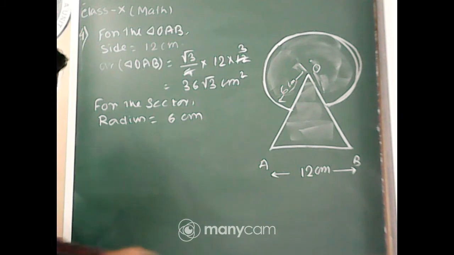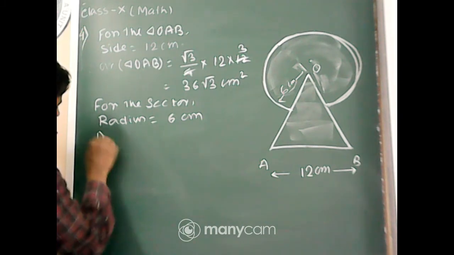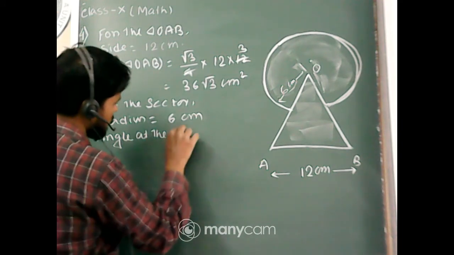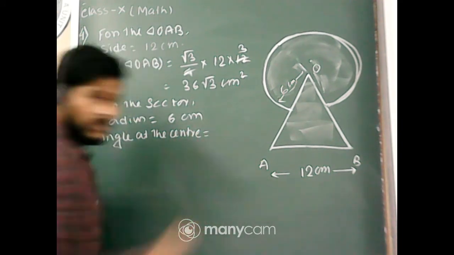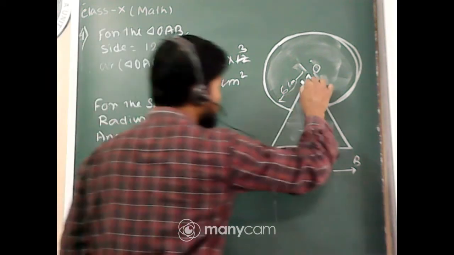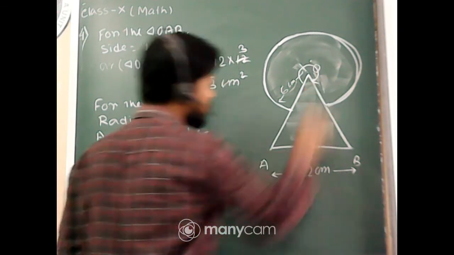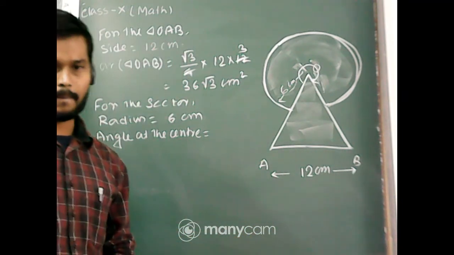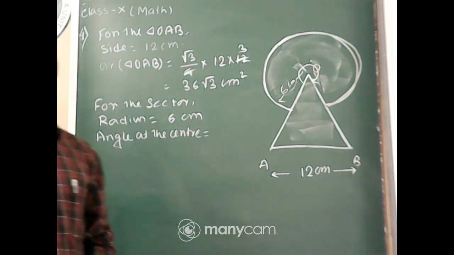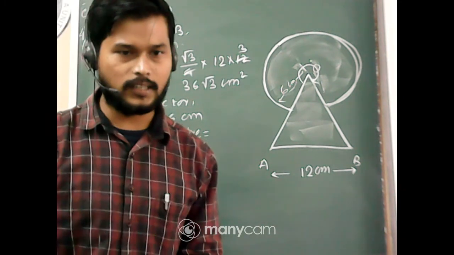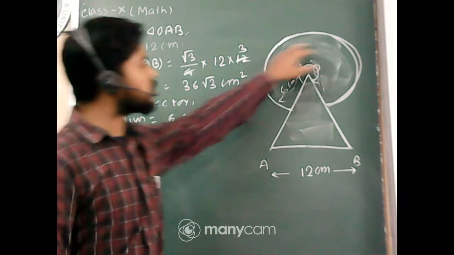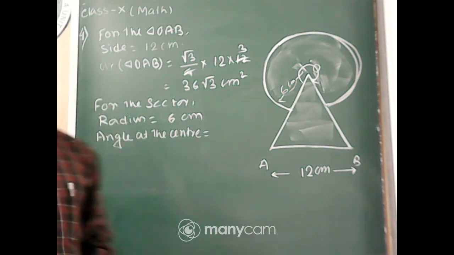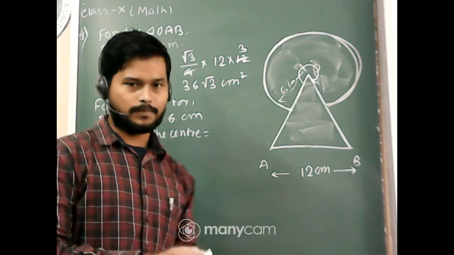And the angle at the center, what is the measurement of the angle at the center? Means this angle. What is the measurement of the angle at the center? No, Amit, it's not 60 degree. We are considering this major sector. It will not be 60 degree. No, Noreen, it is not 120 degree.